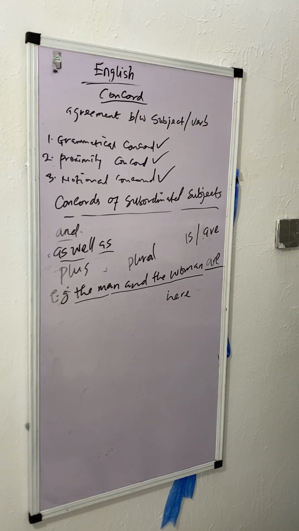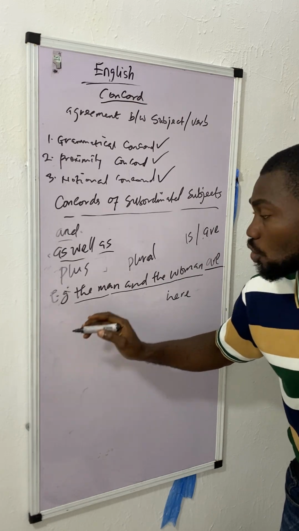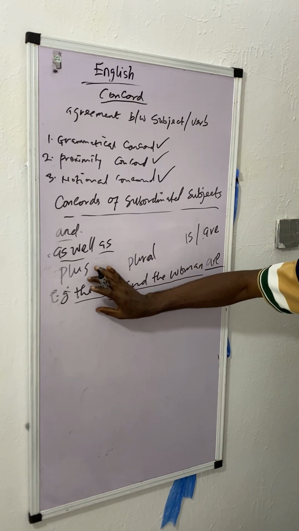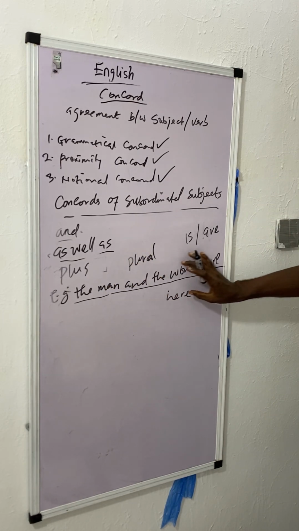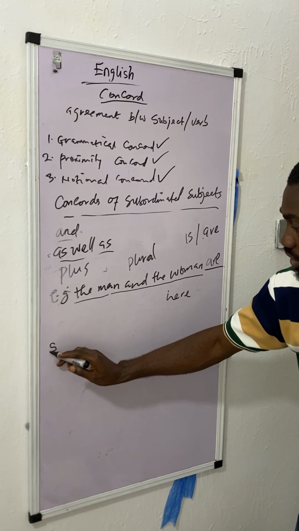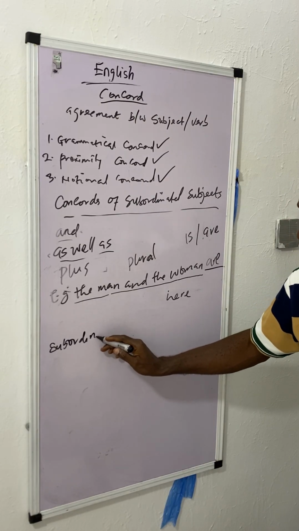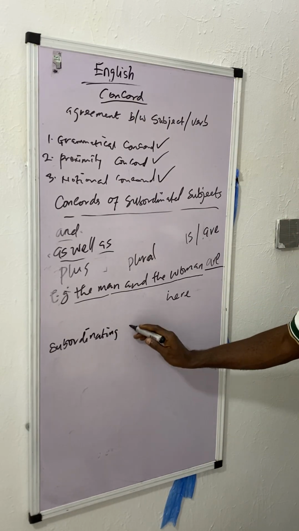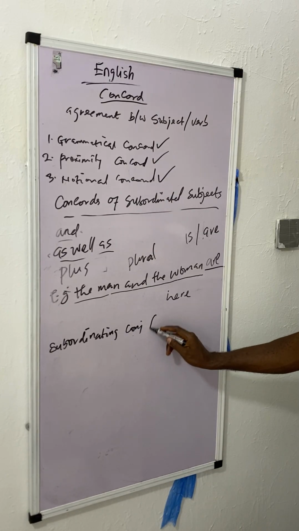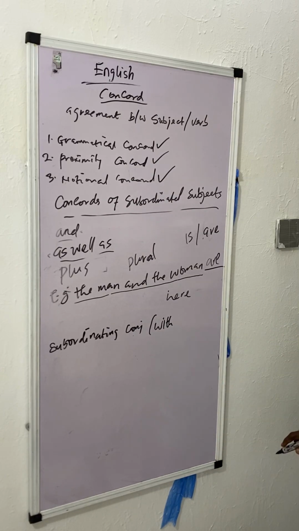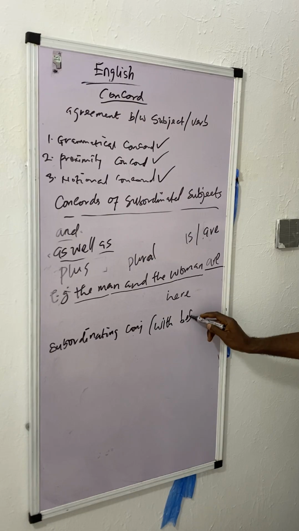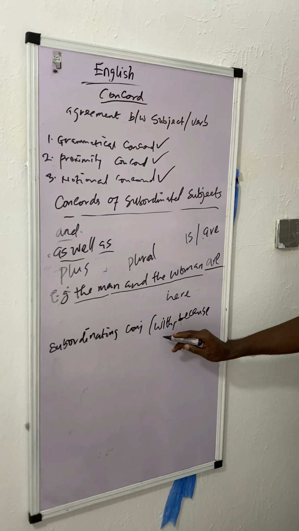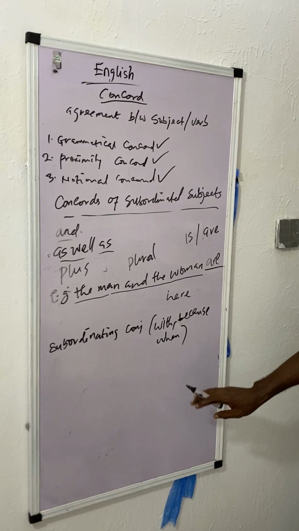The second rule states that when you have a subordinating conjunction joining the compound subject or the group subject, when you have a subordinator, a conjunction such as "with", "before", "because", "when", and so on and so forth.